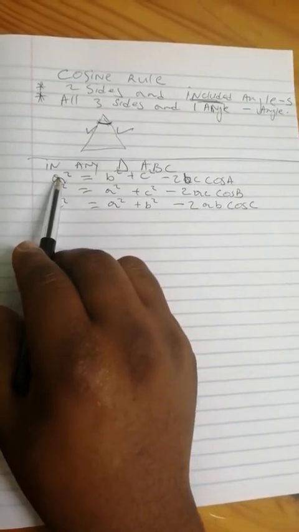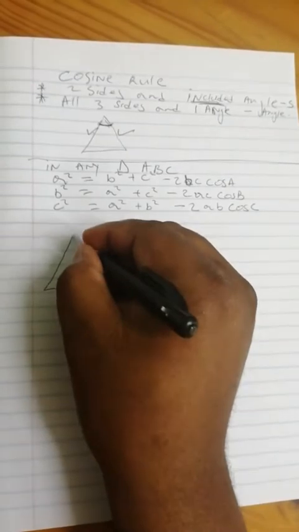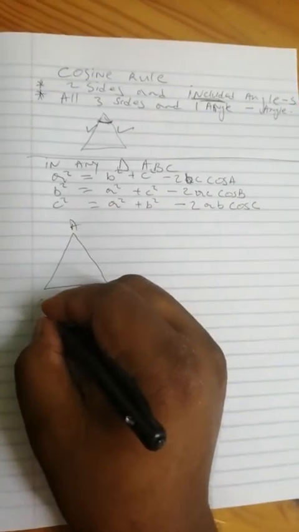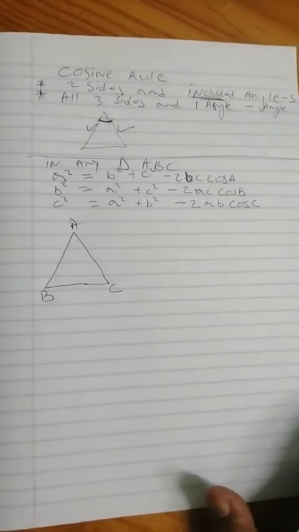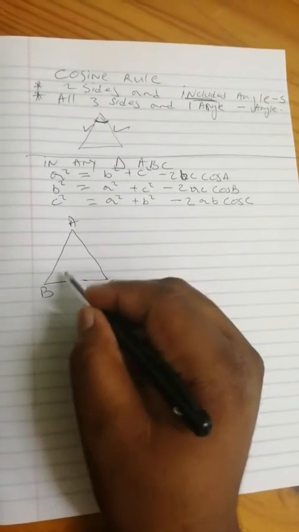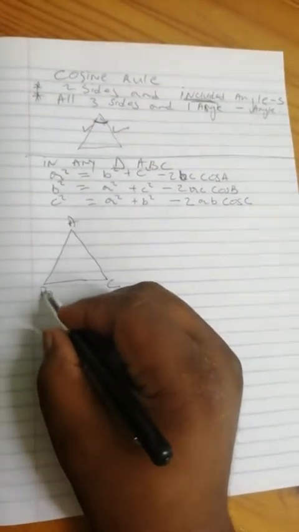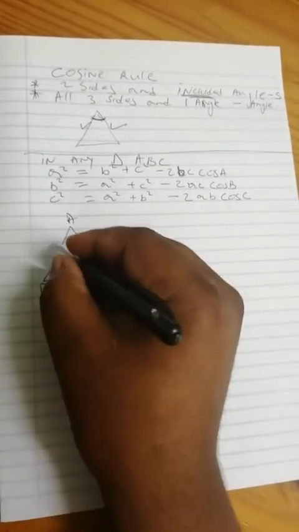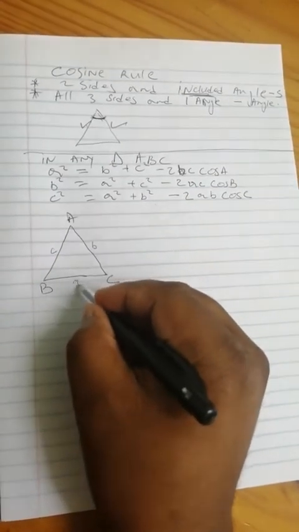Here it's a. Remember, we have triangle ABC. Let us name the sides according to the angles that they are opposite to. If this is B, this will be small b. If this is C, this will be small c. If this is A, this will be small a.